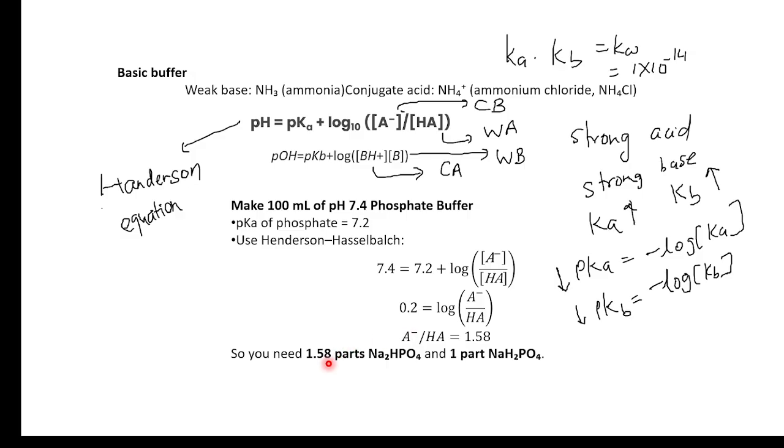So you will have 1.58 parts of the Na2HPO4 and 1 part of the NaH2PO4 to make a buffer solution that has the pH of 7.4. If in this buffer solution you add any small amount of acid or base, it will resist any dramatic change in the pH.